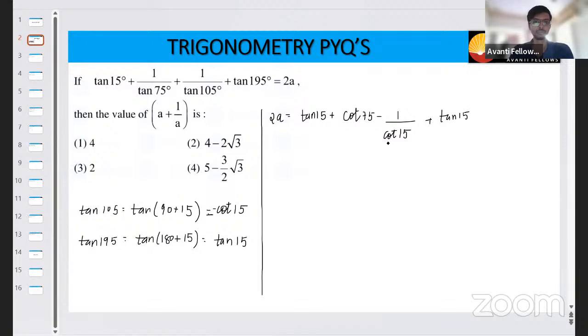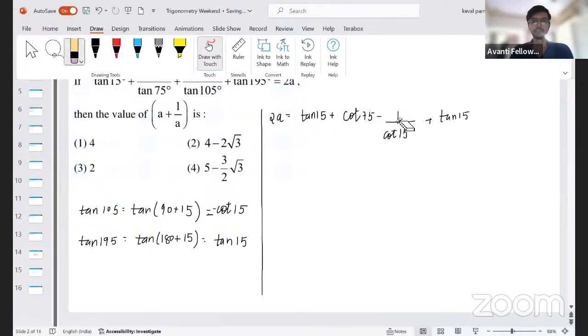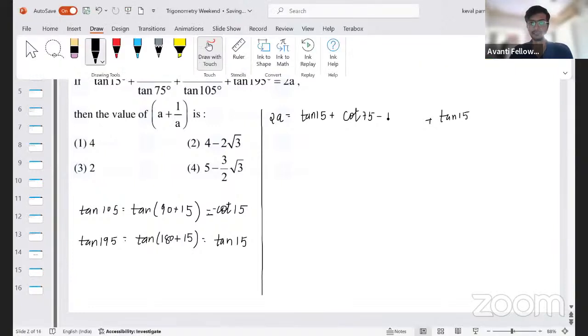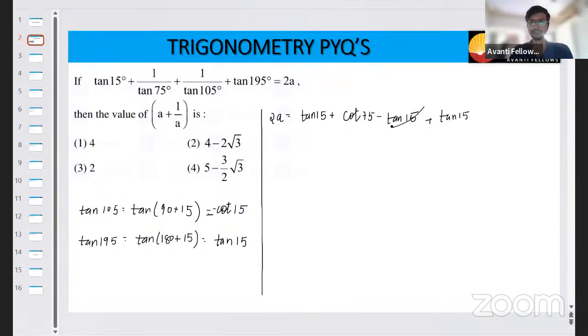So 1 upon cot 15, what can I write it as? Tan 15. So I'll write it here only. Tan 15. So this and this will get cancelled. We'll get tan 15 plus cot 75, which I can write as tan 15. I hope you know this, right? By using allied angles. So I'll get 2a is equal to 2 tan 15.